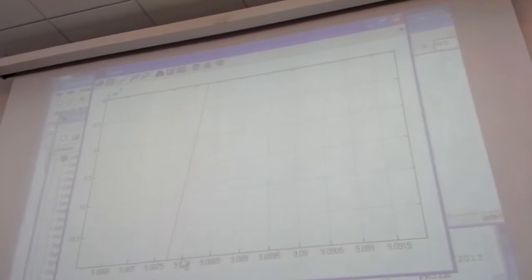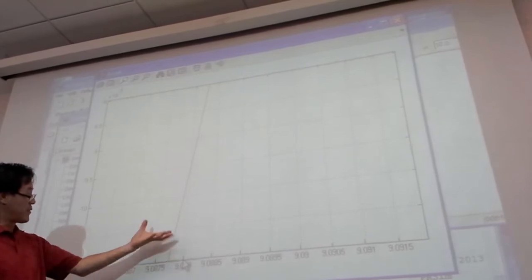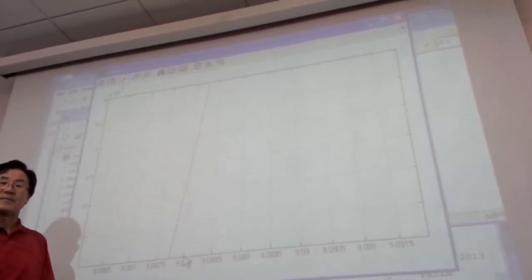This much is the time delay, about 0.0875, because I zoomed in.